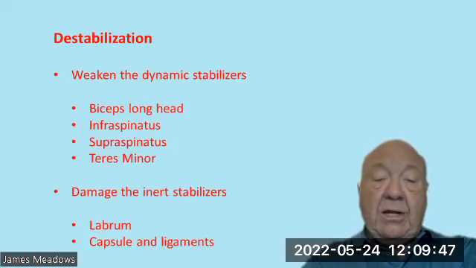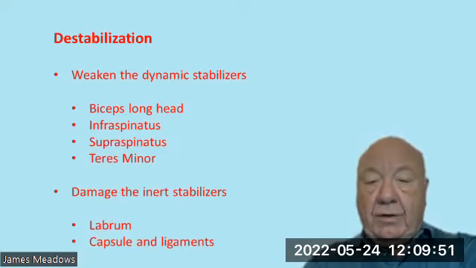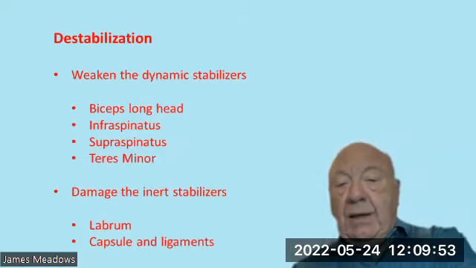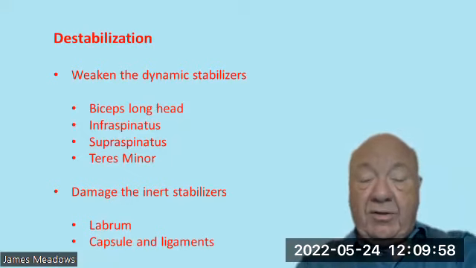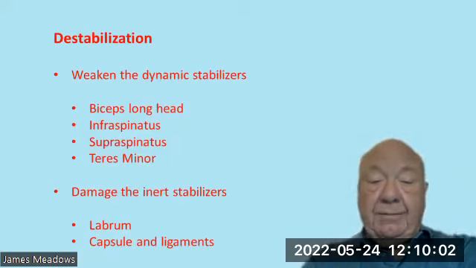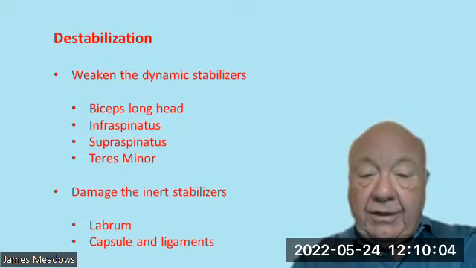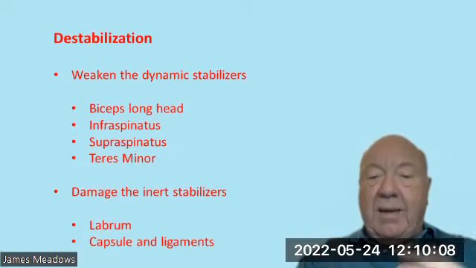So we can damage the labrum, and this can be done gradually with microtrauma over time. And what you can then end up doing is overworking the dynamic stabilizers, so they actually become tendinotic, and that damage to the inert stabilizers can also lead to reflex inhibition. So you get this feedback loop here.